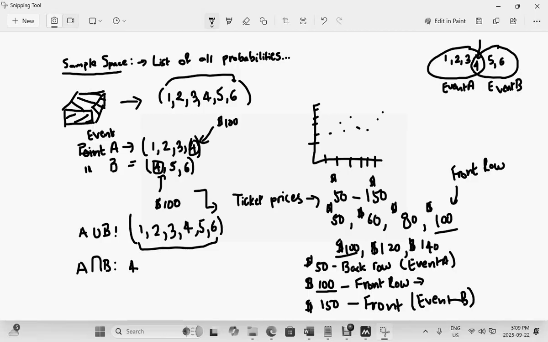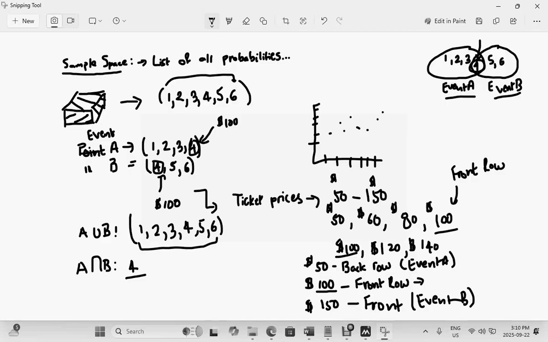The front row ticket price will be the same for some of the front rows, which are farther away from the front stage. So this is how A union B works. For A intersection B, you will list the number that repeats in both the events. So A intersection B will be 4, because number 4 repeats in both event A and event B.